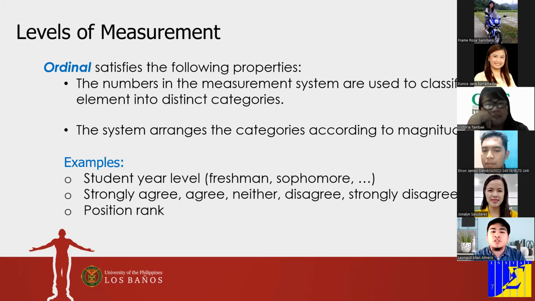Kasi hindi ko alam kung siya ay age in years or age in months or age range tulad ng sinabi ni Sir Larry Ace. So kapag po age lang, hindi po siya ordinal kasi mas mataas pa. Kasi mas marami kang nagagawa sa kanya kapag ganyang age in years. Kapag naman age range, halimbawa 1 to 5 years old, 6 to 10 years old, pwede natin i-order yan.